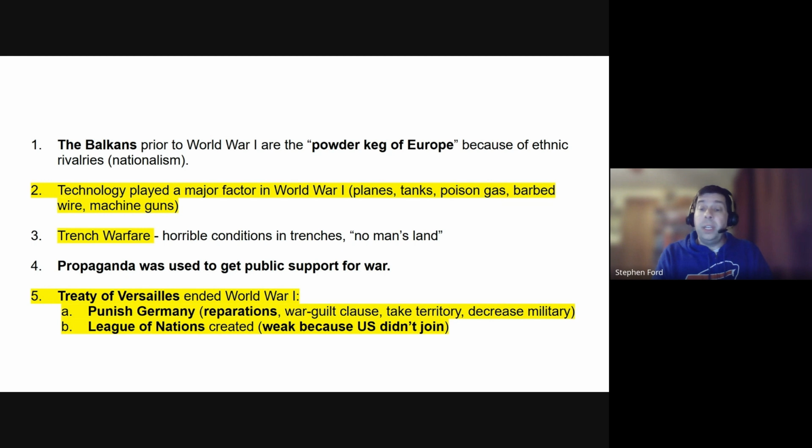Okay. The League of Nations, they're bad at their job. The point is to keep peace. We have World War II. They couldn't enforce anything. The most powerful country in the world, the United States, didn't join. So they're bad at their job. And when we talked in between the wars about appeasement and the ineffectiveness of the League of Nations, this played a big part.